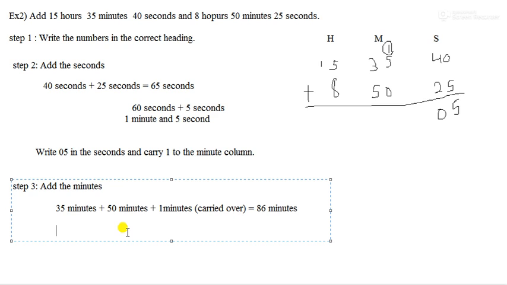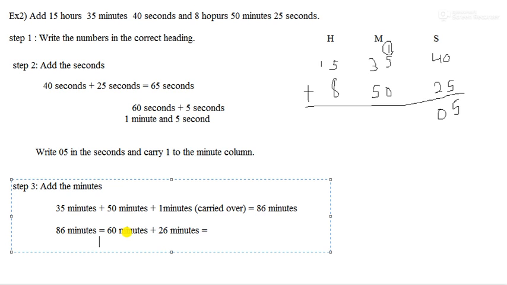So 86 minutes equals 60 minutes plus 26 minutes. Here 60 minutes equals how many hours? 1 hour. So 1 hour 26 minutes.